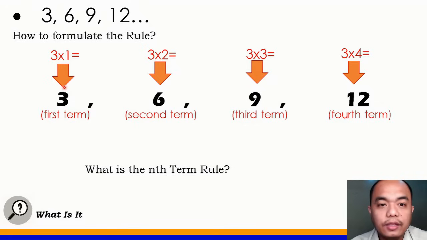Take note ha, yung common difference natin ng 3 at saka yung first term natin dito ay parehas. So equal yung common difference at saka yung first term natin. Now, if you notice, we get each term by multiplying the common difference 3 by each term number. So, we get 3 here if we multiply the common difference of 3 by the term number.